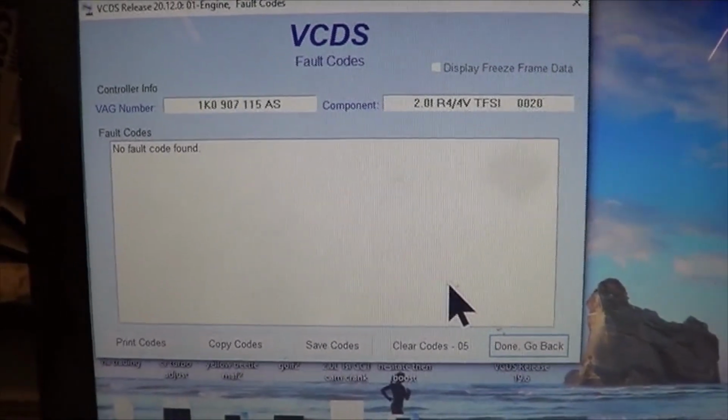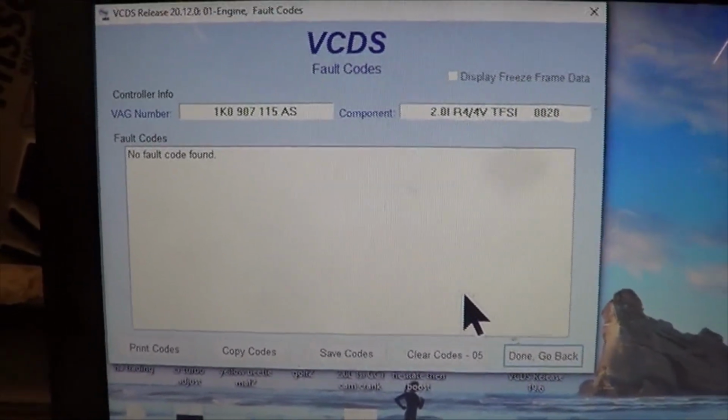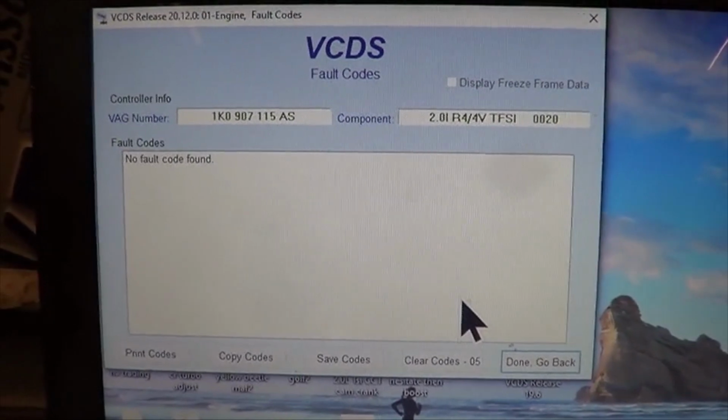And the ambient air temperature sensor code is gone, so that fixed that part of it, but it didn't fix the running problem. We'll have to take a look and see what we're going to do next.